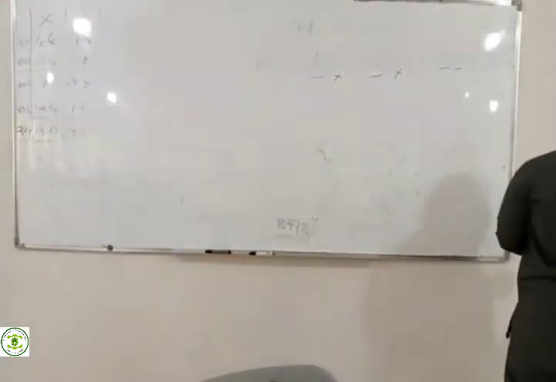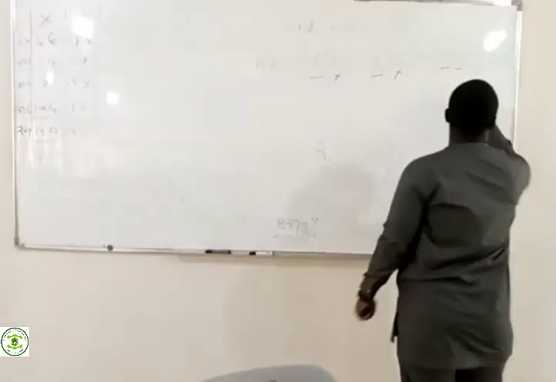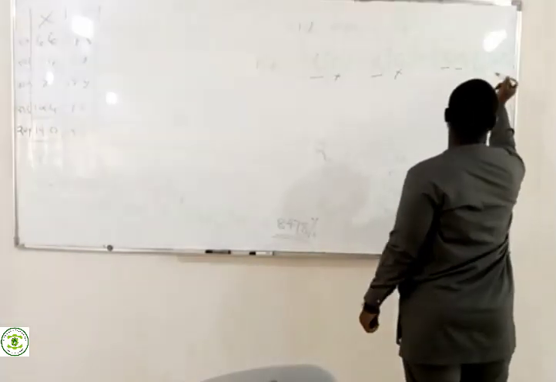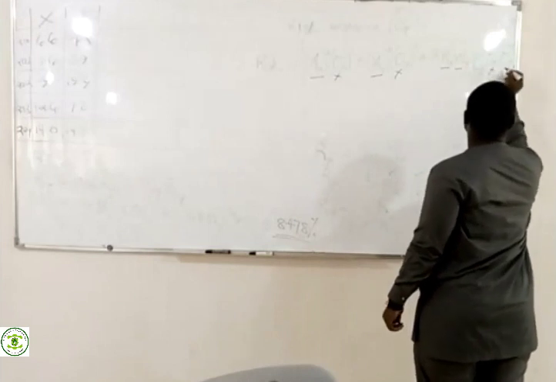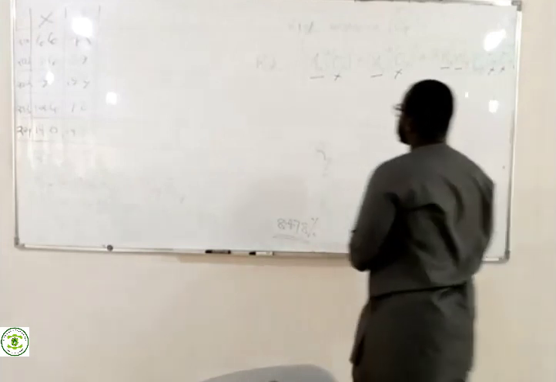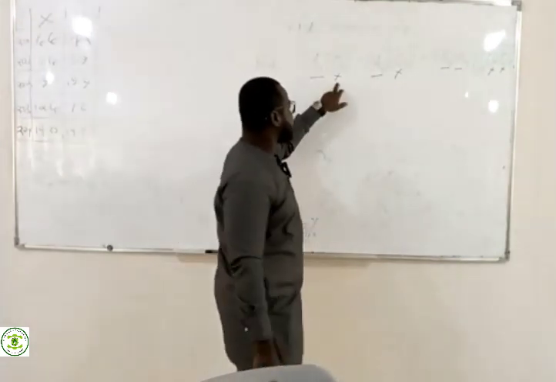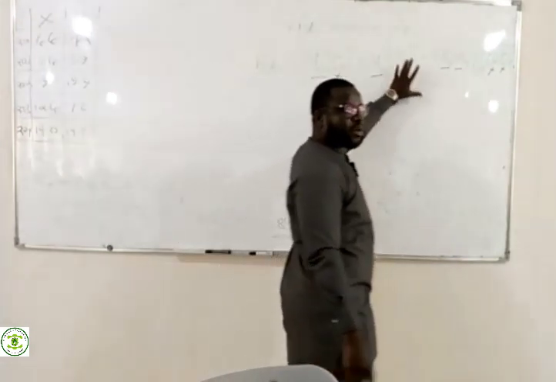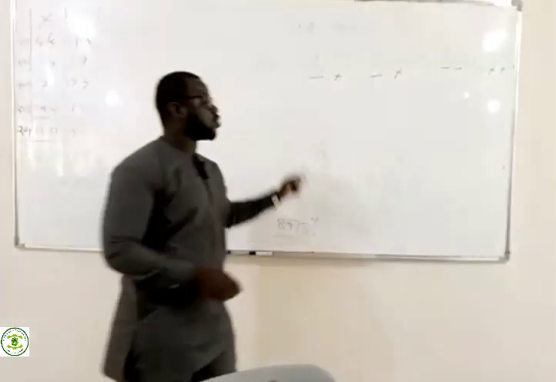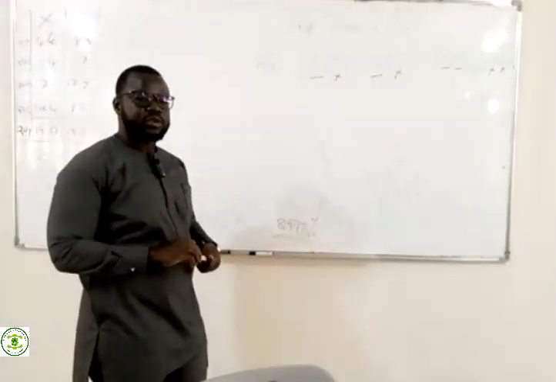Good, it's given in the question. Negative 0.51. So the only unknown items are the risks from X and the risks from Y. So that is what we have to calculate.